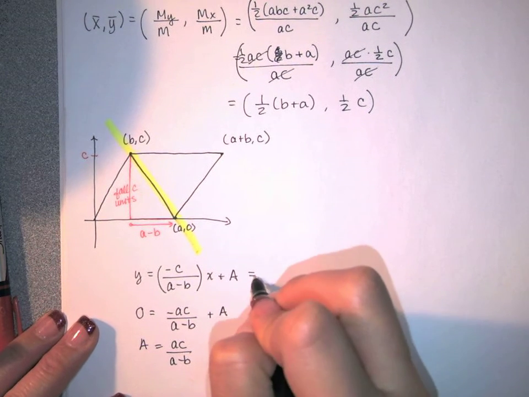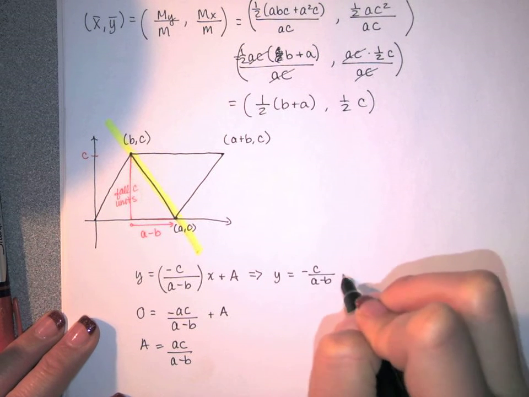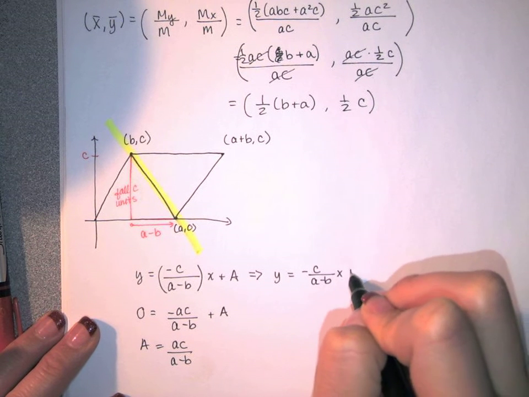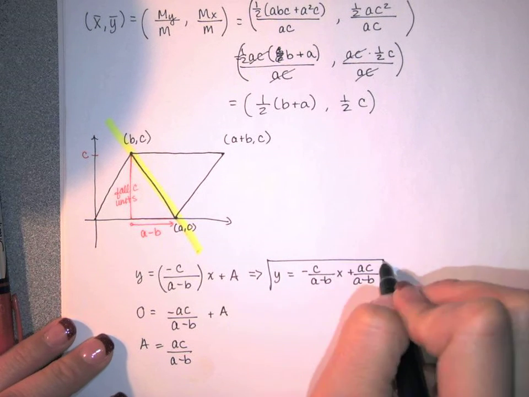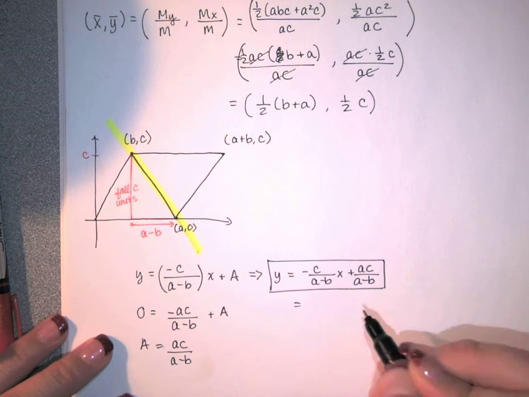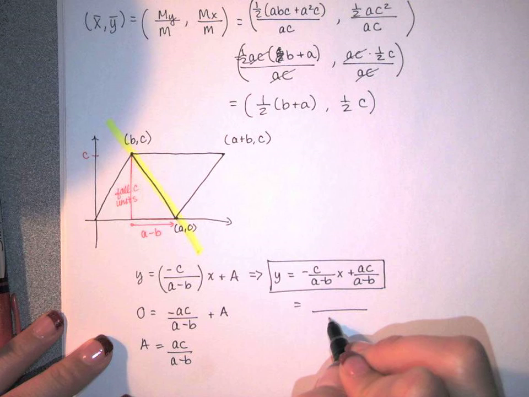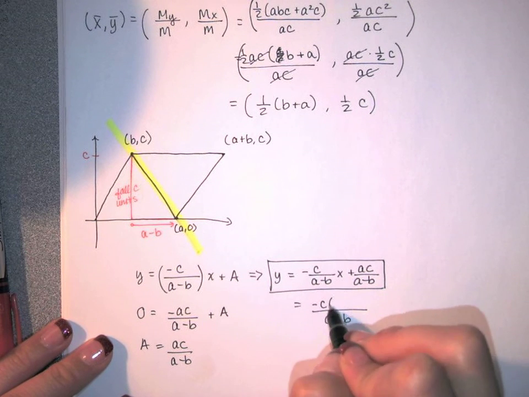Whew, so the equation of that line is y equals negative c over a minus b times x plus ac over a minus b. Or if you prefer, let's make it a little simpler even. Get a common denominator. I'm going to factor out a negative c.